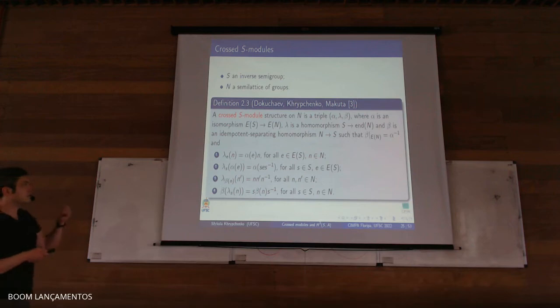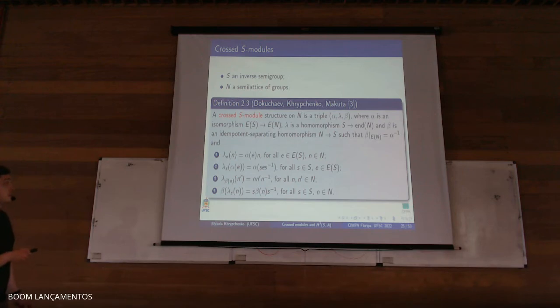But now you want a map in the opposite direction. Of course, it should be a semigroup homomorphism, but you also require that it be idempotent separating, which means that it's injective on the idempotents. And moreover, on the idempotents, it's in fact the inverse of alpha. You know that alpha is that isomorphism between idempotents, which you also require here.